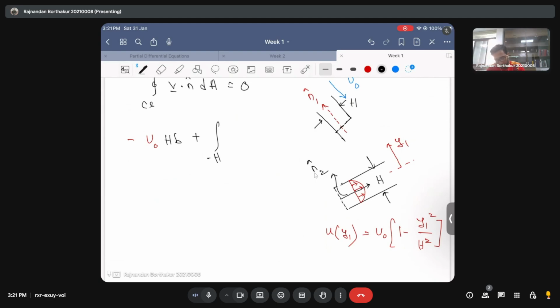So this is your axis. Let me draw the axis first. Okay, so let us draw the axis.